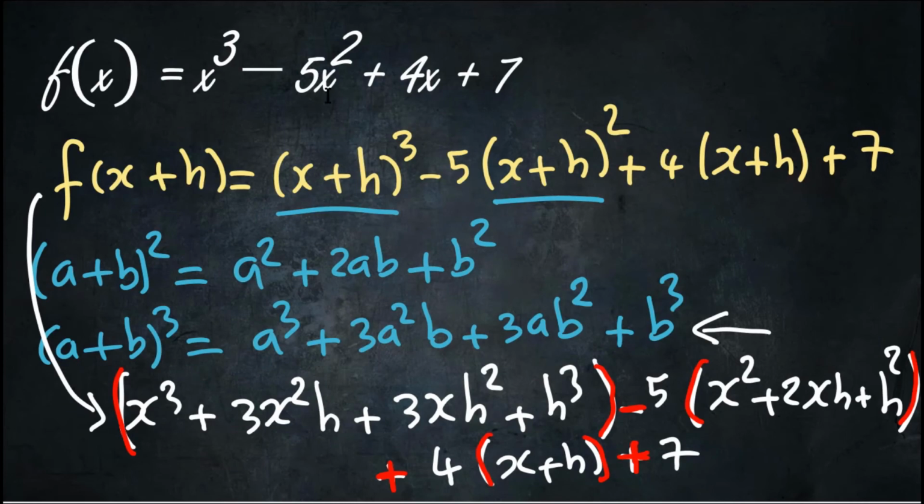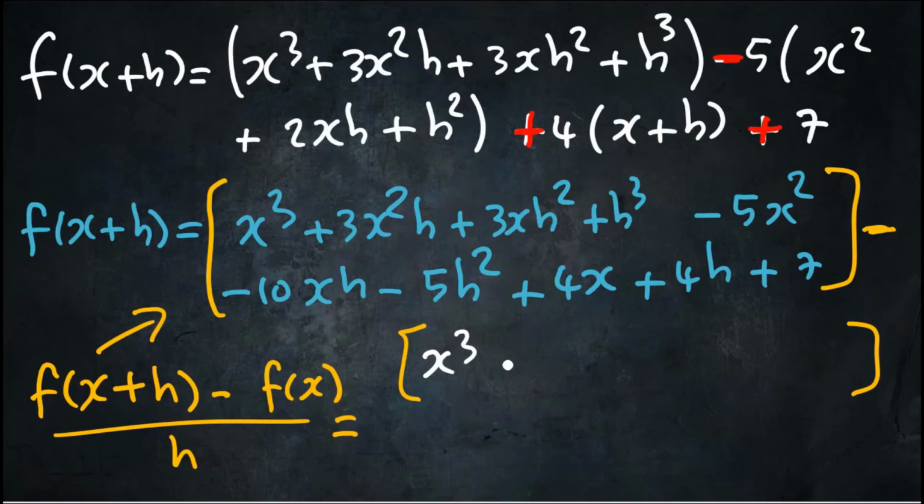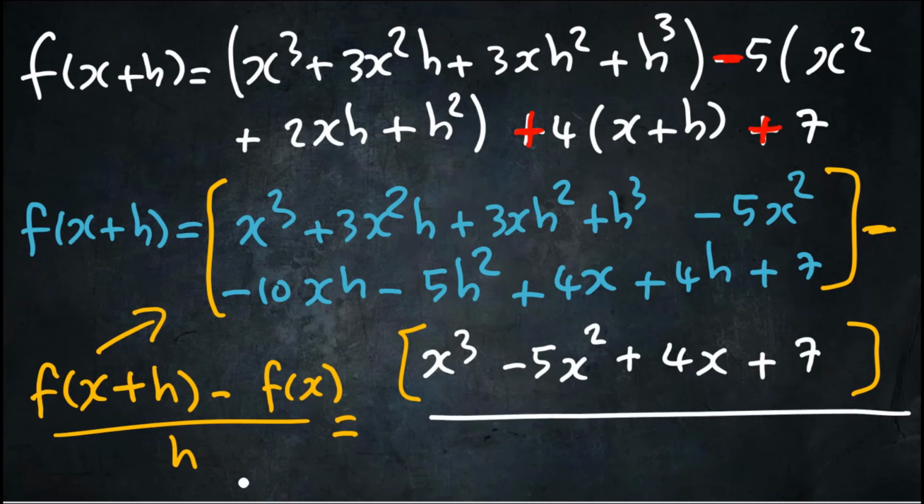So minus this, x cubed minus 5x squared plus 4x plus 7, and the whole thing divided by h. Okay, x cubed cancels x cubed because of this minus, right? x cubed minus x cubed is 0. The minus 5x squared cancels, the 4x cancels, and the 7 cancels.